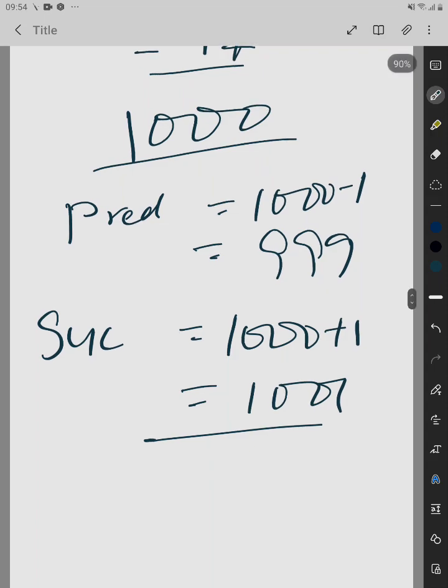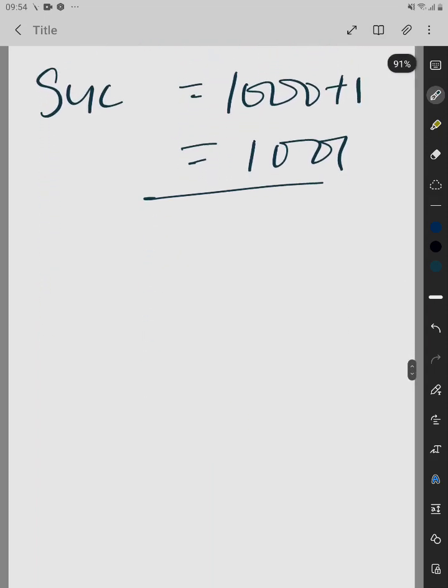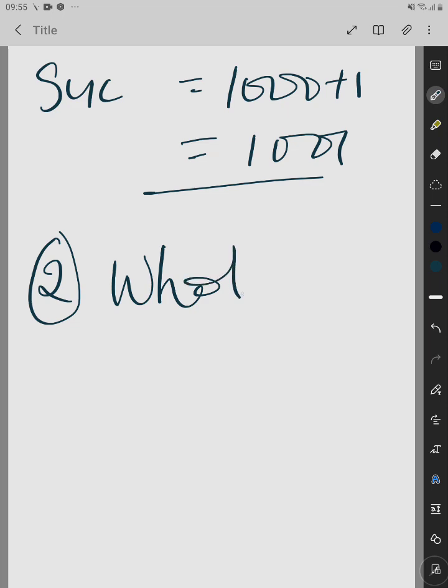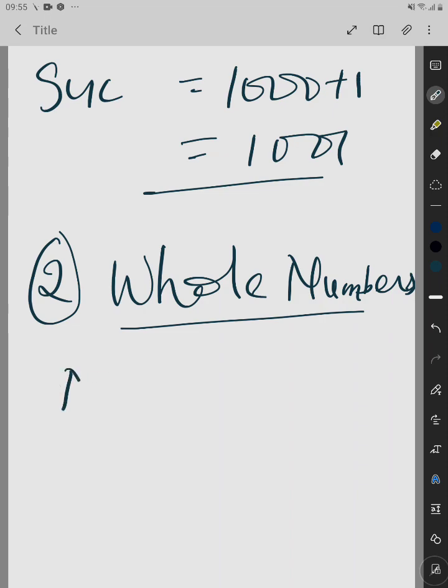Now after predecessor and successor, we have the second topic, that is whole numbers. The complete chapter is about whole numbers, but first of all we need to understand what whole numbers are. As we already know, there are natural numbers first.